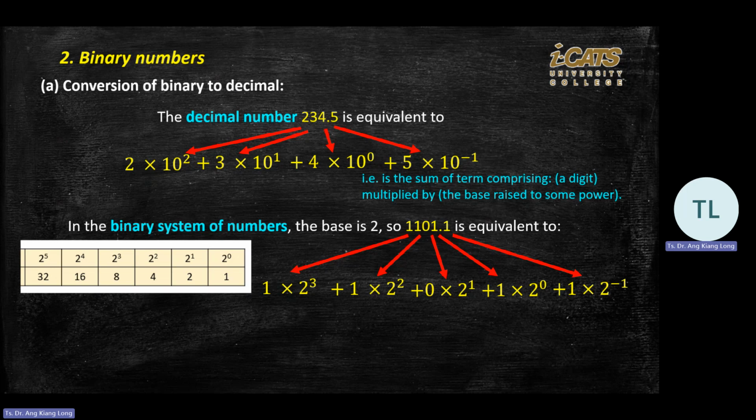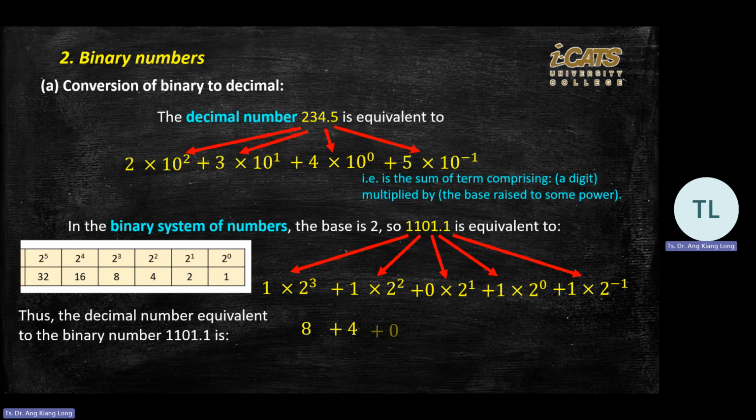If you have power minus something, it means 1 over x. This is how you convert 1101.1 base 2 into these meanings. This is in your brain, but a more proper way is to calculate. You write this one equal this one, and then equal this one. Then you press the calculator, and it equals 13.5.